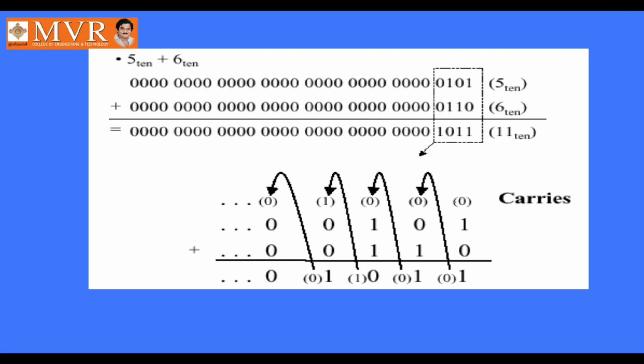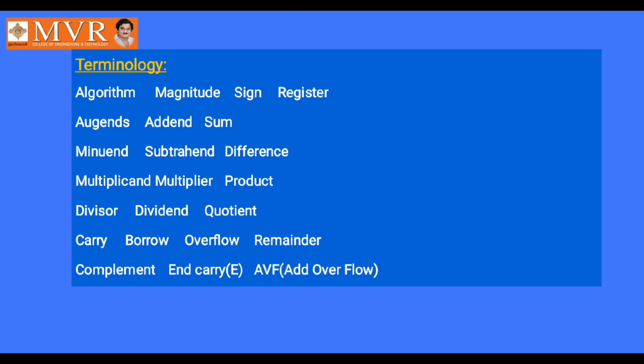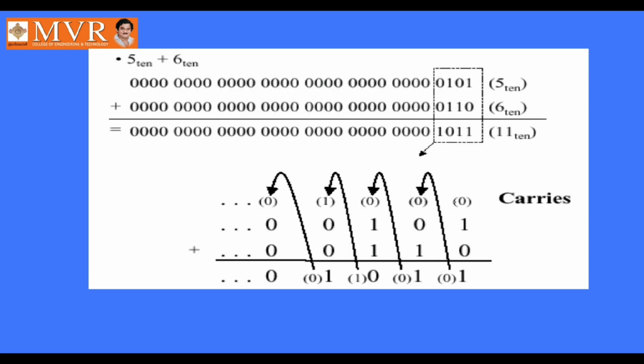While we add, the first one, 1 plus 0, gives the result 1, but there is a carry. Of course, in this addition the carry is 0, which is moved to the next operation. Then in the next operation, this carry is 0 and the original input values 0 and 1 are added. The sum is 1, whereas the carry generated is again 0.